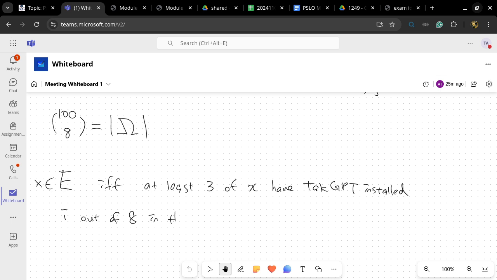in the sample as tag GPT installed. In other words, I am parameterizing, because we need to look for 3, 4, 5, 6, 7, and 8. So I need to iterate through the I, starting with 3, ending with 8.